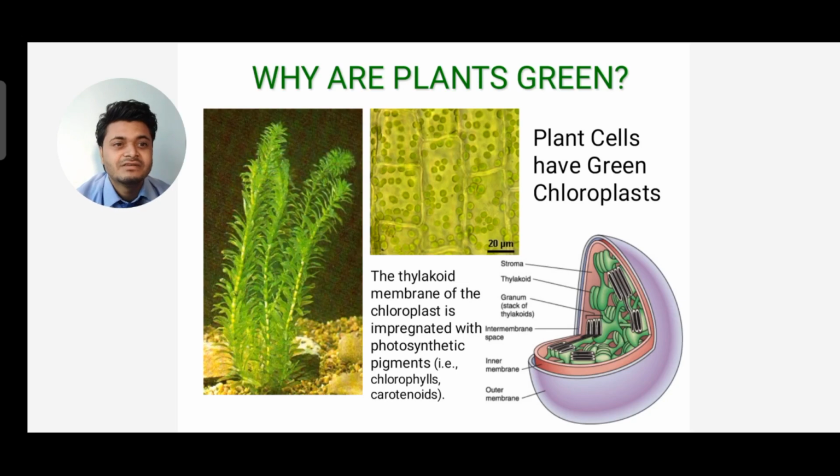So plant cells have green chloroplasts. The thylakoid membrane of the chloroplast is impregnated with photosynthetic pigments, chlorophylls and carotenoids. So they have chlorophyll in it. That's why the plants are green in color. And this green chlorophyll is used in photosynthesis for the preparation of food, and this is done by plants.